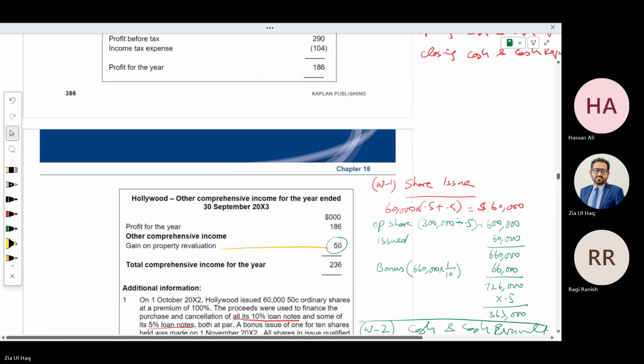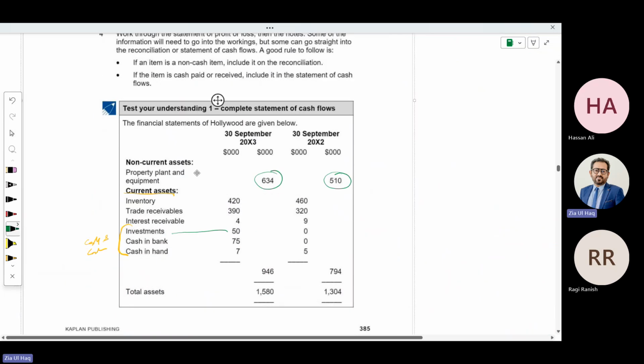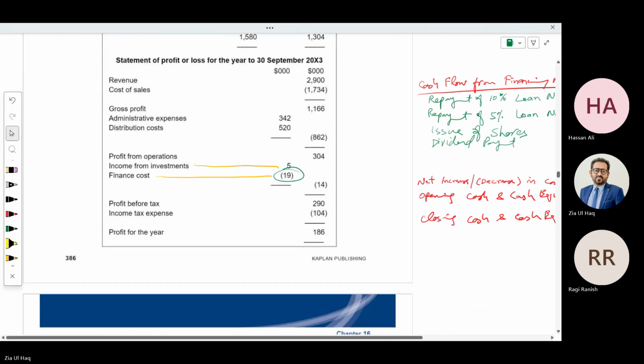Now we will move from here onward. PPE we have done. Inventory, receivable, interest receivable. There is income from investment as well. I mean, the company made some investment against which there is interest receivable and against which they have received this income.